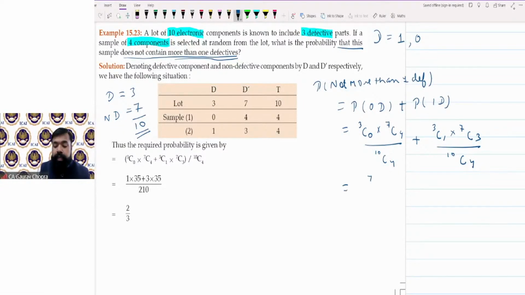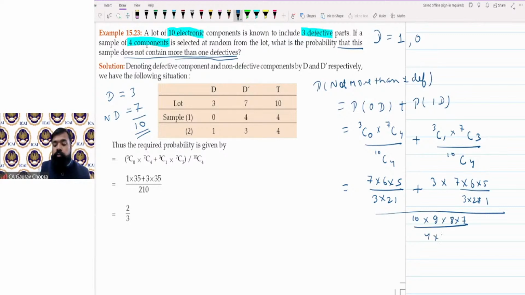So what is 7C4? It is 7 into 6 into 5 upon 3, 2, 1, plus 3 multiplied by again the same thing, 7, 6, 5 upon 3, 2, 1, and then whole divided by 10C4. So you can directly write 10C4 as 10, 9, 8, 7 upon 4, 3, 2, 1.